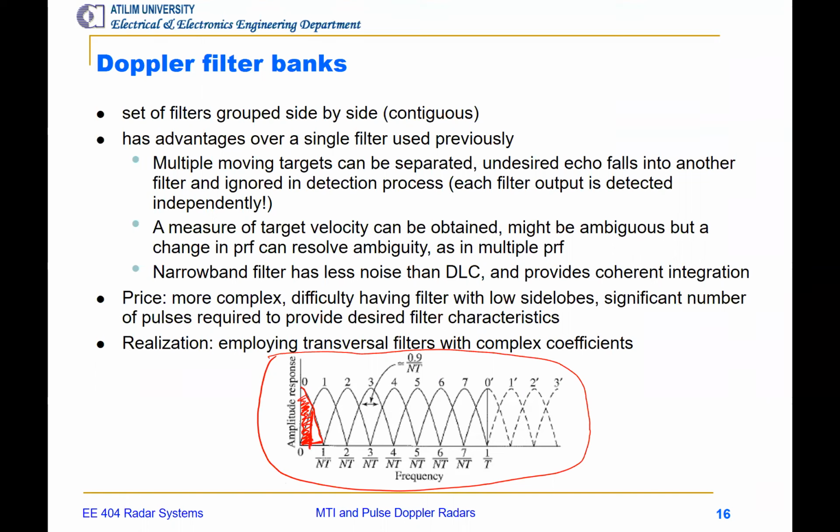Okay, so this means that I get a response from filter 1. So the output amplitude of filter 1 is relatively higher than the others. Okay, when a Doppler shift appears in this band.